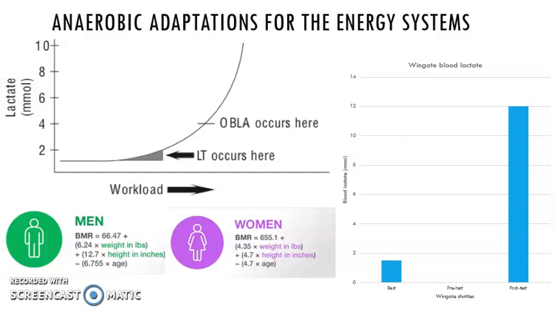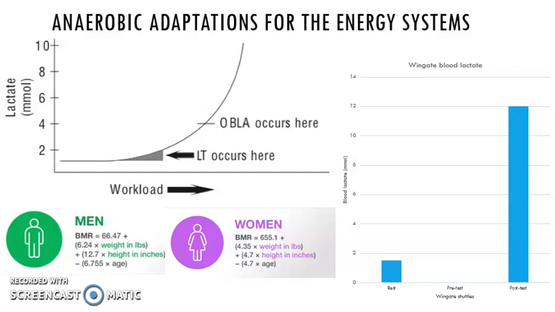However, when using the glycolysis energy system, after training there's an increase in the anaerobic enzymes, phosphorylase, PFK, LDH, and hexokinase, which can also lead to an increase in strength.